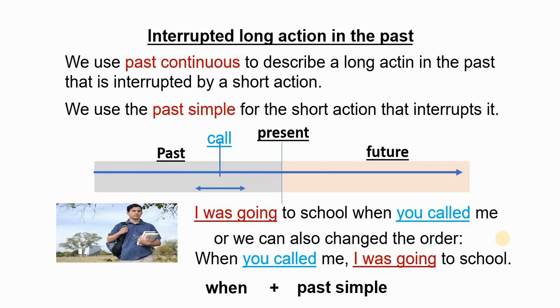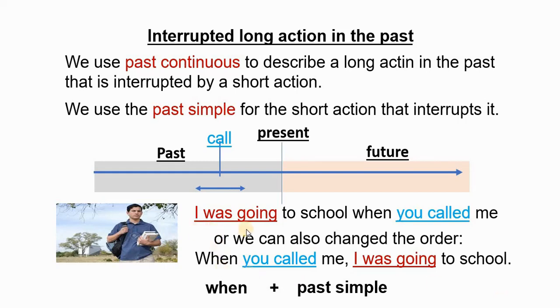And we can also change the order. We can also say, when you called me, I was going to school. So these two sentences are both correct, and they both mean exactly the same thing.